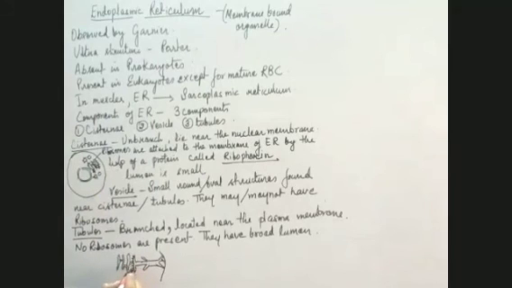These cisternae have the ribosomes on them. They are attached to the nuclear membrane.